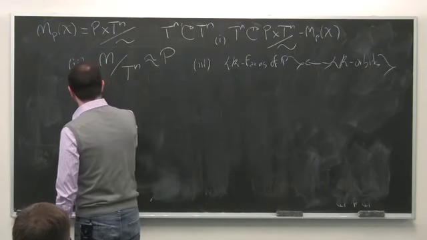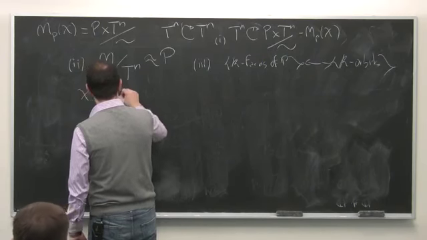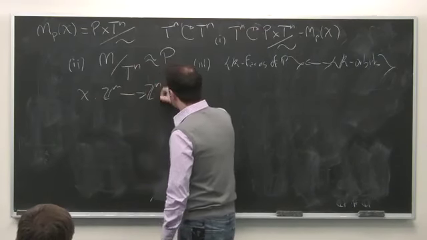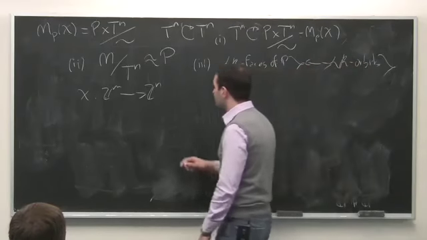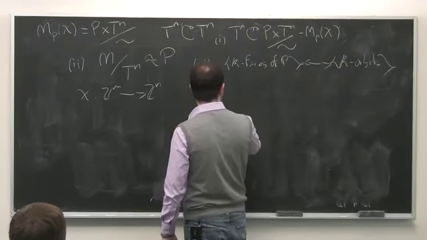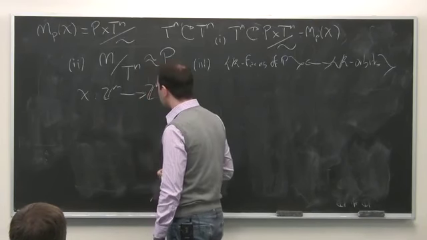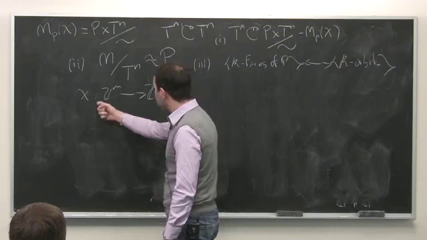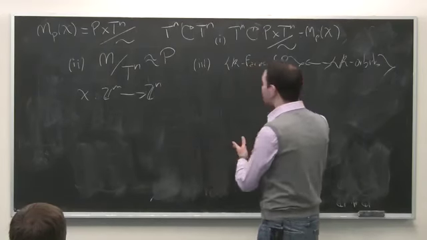Okay, chi is this matrix. The columns of this matrix specify the stabilizers of this action.